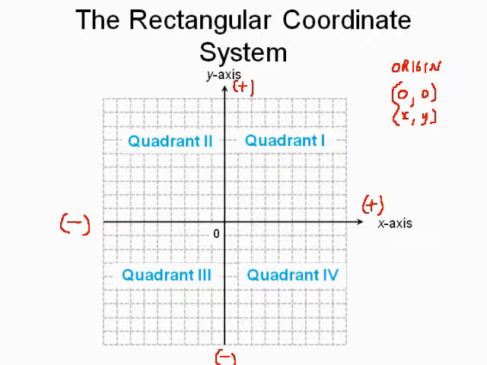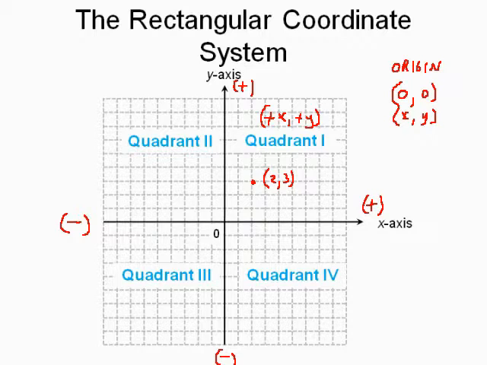So in quadrant 1, wherever you plot a point, x will always be positive and y will always be positive. So let's just take an ordered pair and plot it here. Let's take the ordered pair 2, 3, and we'll put it right there. And we'll go ahead and label that point, x first, y second.